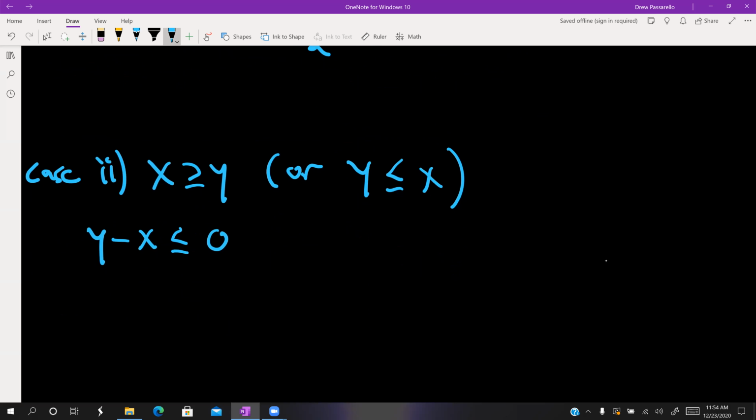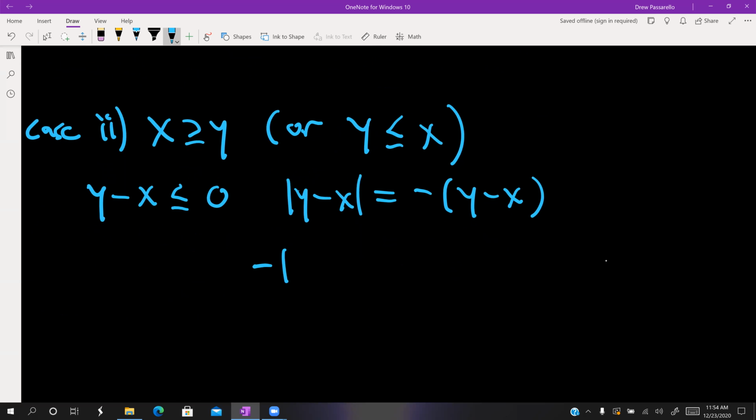And so we know the absolute value of y minus x is equal to the negative times y minus x, since y minus x is less than or equal to 0. And so negative times the absolute value of y minus x is equal to y minus x. I think that should be true, right? Because x minus y is greater than or equal to 0, which is y minus x is less than or equal to 0.